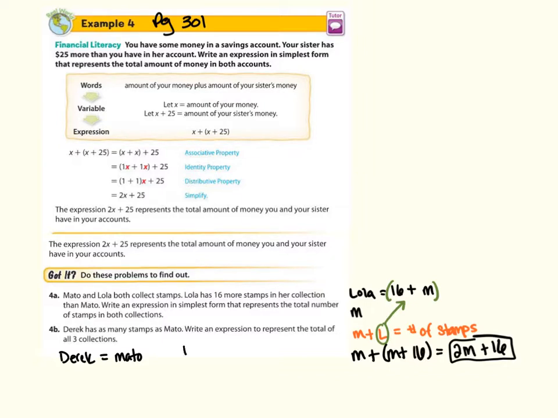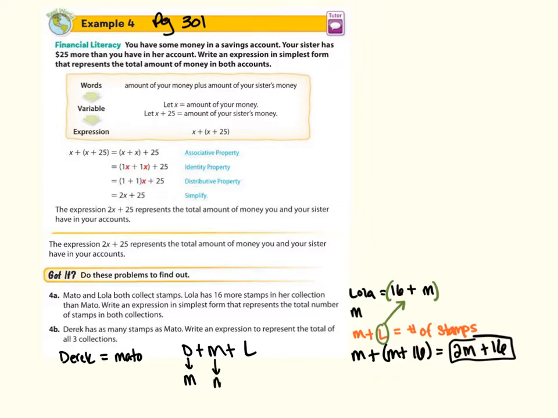Derek plus Motto plus Lola is what we have to do to figure out the combined amount. So just replace each expression with the letter. We're going to replace D with M because Derek equals Motto.